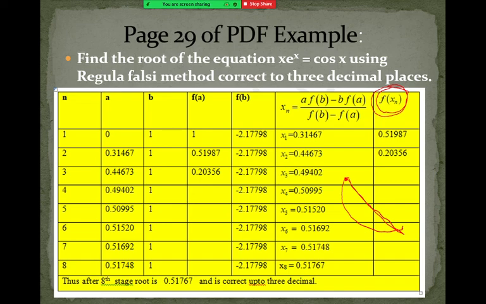This is because your chord goes like this, and all these are below the x-axis generally, and then you have negative. But if f of a is here and f of b is there, and your graph is like this, the chord has a positive slope, and probably in such a case, it may happen.